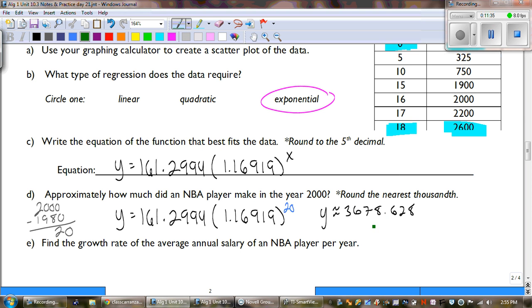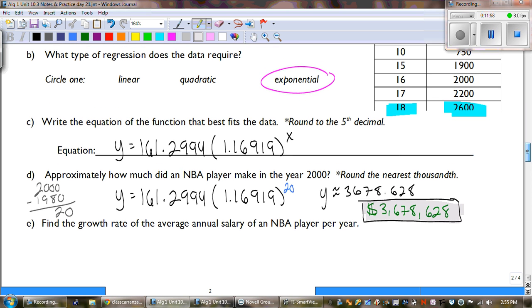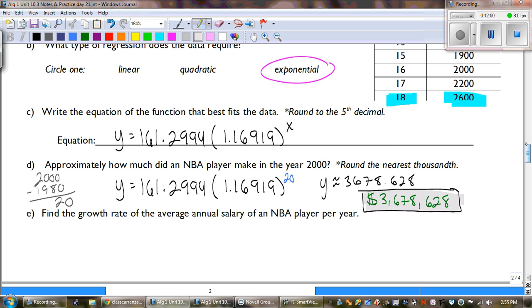So what this number really is 3,678,628. So in the year 2000, which really wasn't that long ago, that's what the average basketball player was making in 1 year. That's pretty nice. Definitely a little bit more than what I'm making.